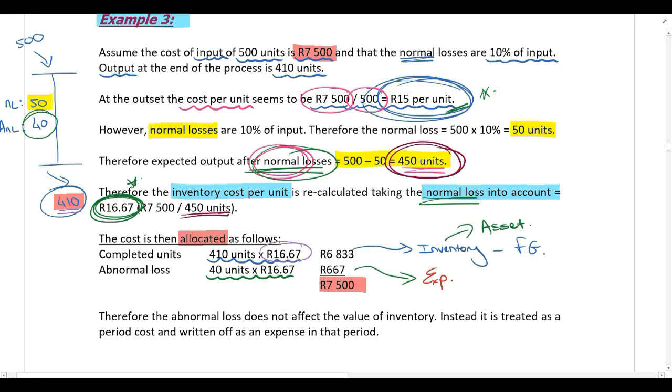And where does that normal loss end up sitting? That normal loss is sitting in my completed units because completed units are not being valued at 15 Rand, they're being valued at a higher price to cover the normal loss. Also, my abnormal loss is being valued at a higher amount to cover the normal loss. So it affects the value of everything.